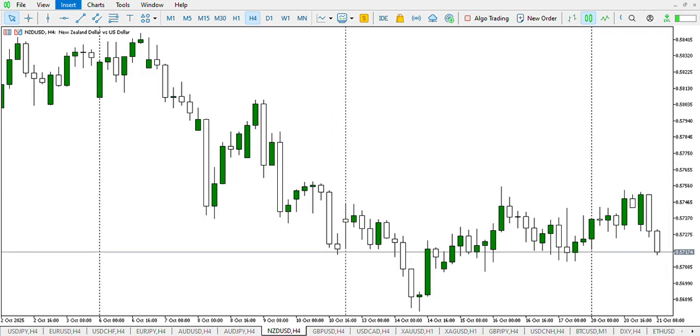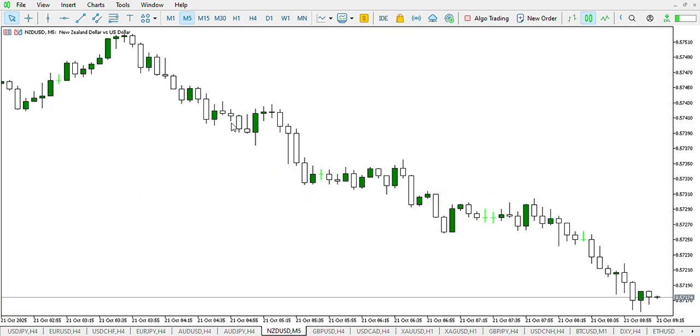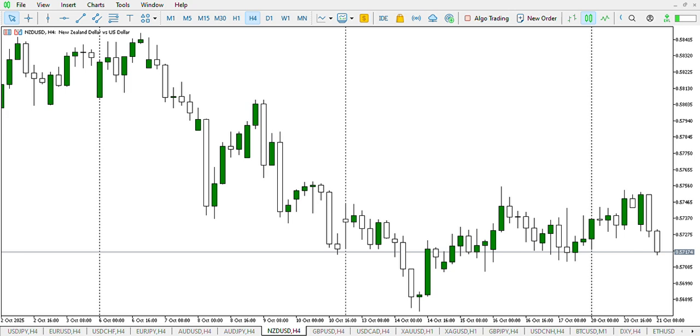So on another major right here, NZD USD, you can see price is in a clear downtrend: lower lows, lower highs, lower lows, lower highs, lower lows, lower highs. So we expect price to sell to buy, and we can expect price to retest this order block right here. And you have this zone right here.